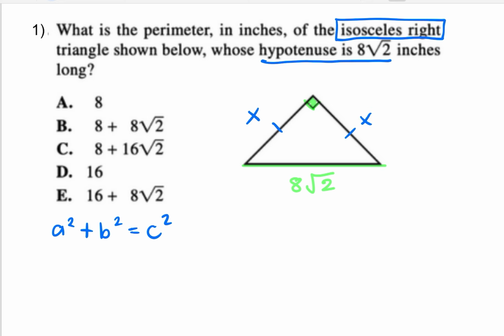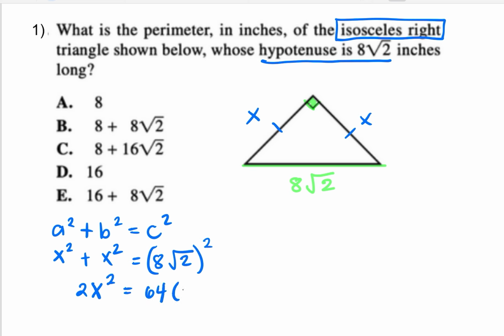So if the sides are exactly the same, I'm going to substitute x for my a and b, and the c, which is the hypotenuse, is 8 square root of 2, and then you square that. That turns out to be 2x squared equals 64 times 2.